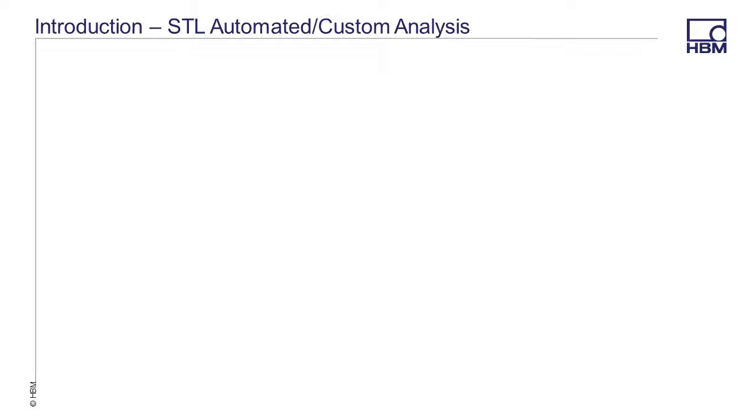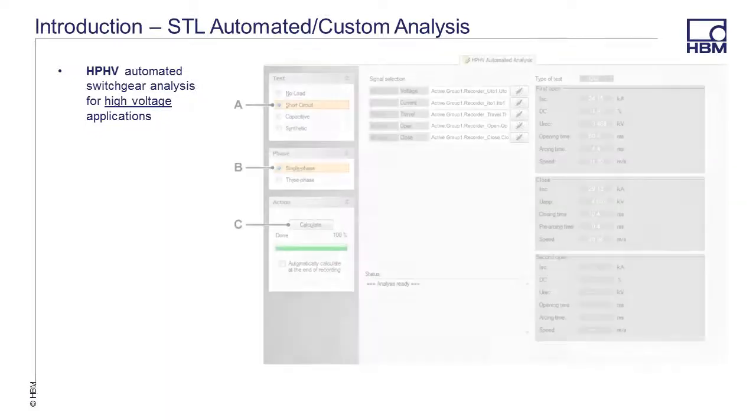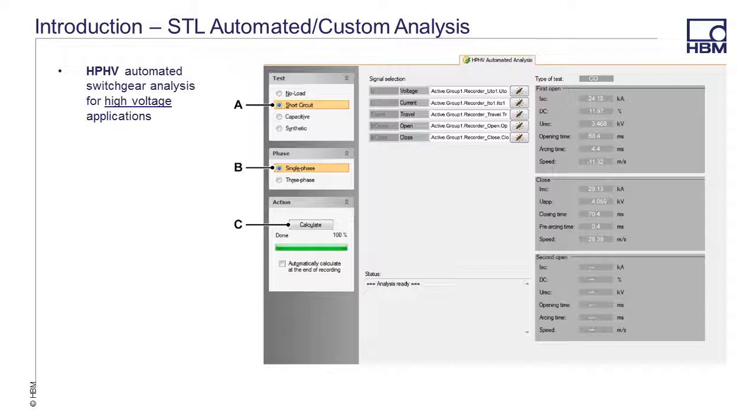Now, there are several ways you can automate and customize your STL switchgear testing and analysis within Perception. For high voltage applications, you can choose the HPHV or high power high voltage automated switchgear analysis function, which combines the STL algorithms with built-in intelligence for automated signal evaluation, making the operator's interaction minimal.